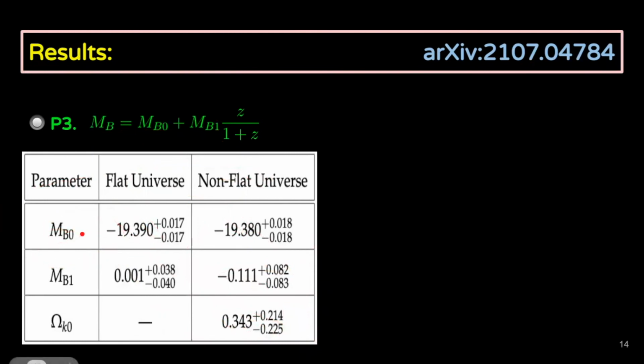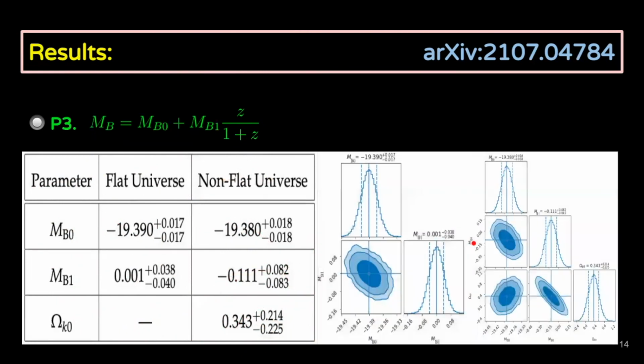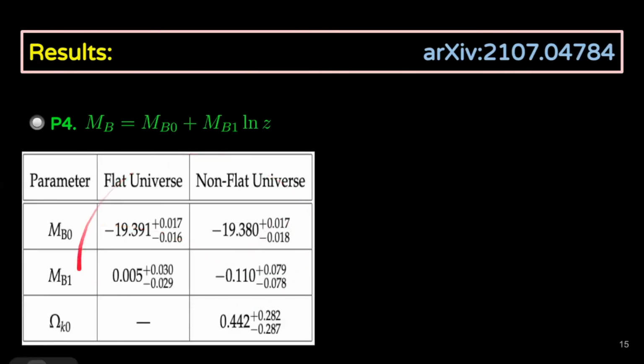The best fit value of Omega_k suggests a flat universe at the 95 percent confidence level. The correlation between all these parameters is shown on the right-hand side. In the last parameterization, we consider a logarithmic form, and we get the same result. So all these four parameterizations give almost the same conclusion.